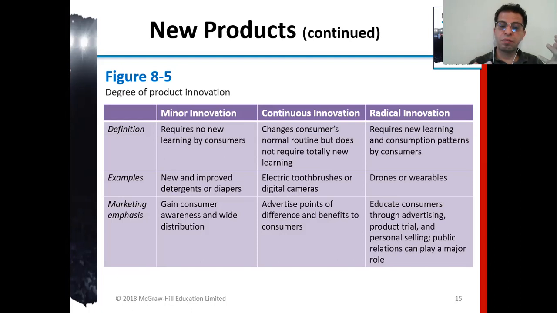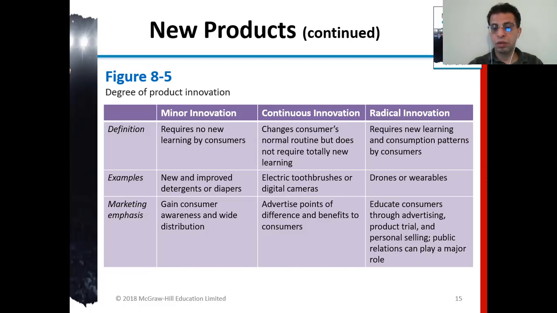In the first example, we spoke about diapers and detergents, which are minor innovation. Here is continuous innovation. In continuous innovation, you need to advertise the point of difference and the benefit to the consumer, why these innovations happen.